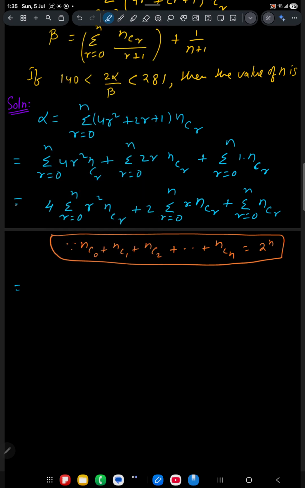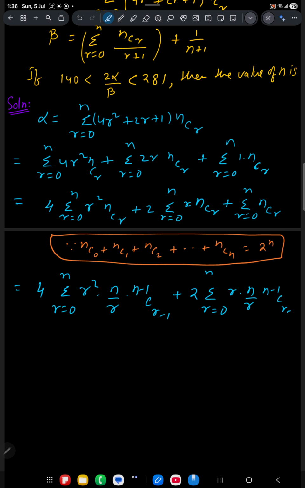It is equal to 4 summation r equal to 0 to n of r square nCr, which can be written as n upon r into (n minus 1)C(r minus 1). This is one formula, I will explain it to you. Let me write the second term also: r into nCr means n upon r into (n minus 1)C(r minus 1).